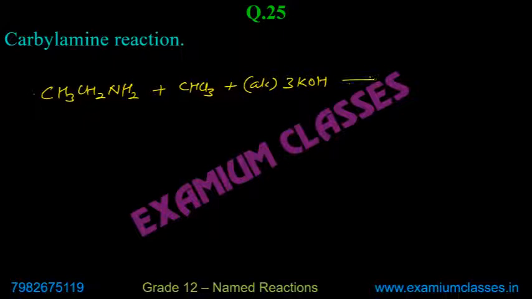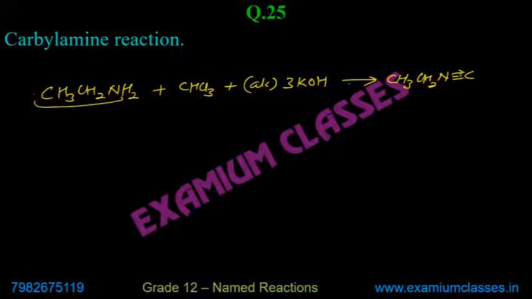That will give you isocyanide, NC. So CH3CH2N, up to here it is like this, and it is actually a triple bond to C, in which one is a coordinate bond.